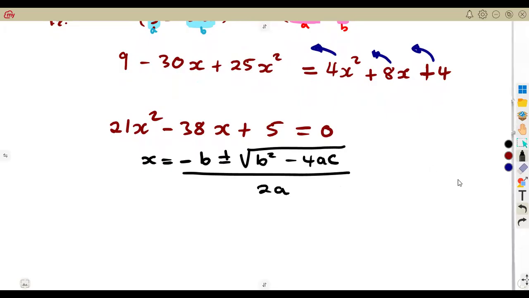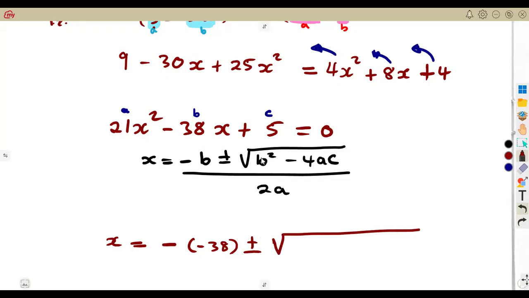This is the formula, but from our equation we're going to insert our values. That is ax squared, bx, then this is our c. So meaning to say we are going to have x is equal to minus b. Our b is minus 38, the coefficient of x. So that is minus 38 plus or minus the square root of b squared.